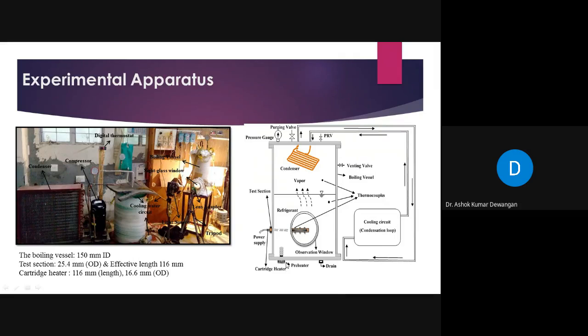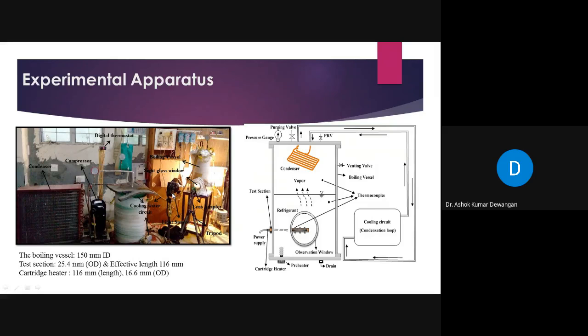An auxiliary heater is also mounted below the horizontal tube in the vessel for controlling the pressure of the system. The vessel is well insulated with glass wool from outside to ensure adiabatic conditions. And this is the photographic view of the experimental facility with the camera arrangement.